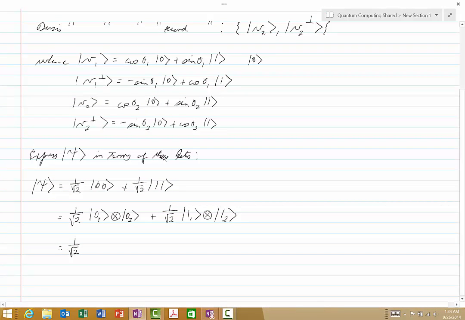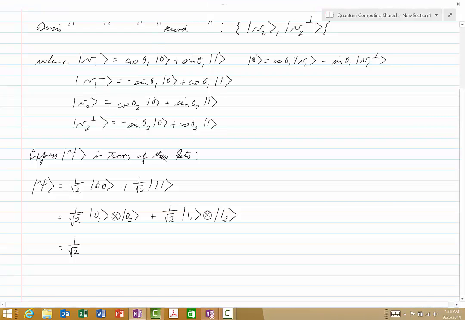If we look at V1 and V1 orthogonal, 0 we can see is equal to cosine theta 1 V1 minus sine theta 1 V1 orthogonal.